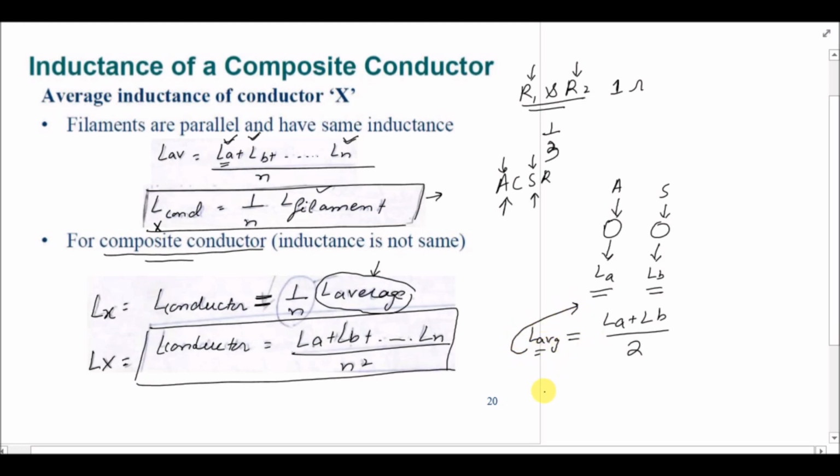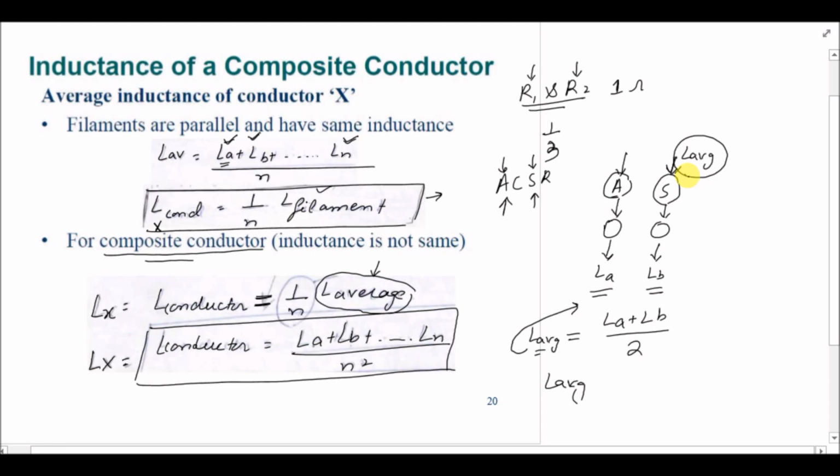We can say that the inductance of this A filament will be L average, and the inductance of this S filament will be L average. So we are not denoting them with their actual inductances, but assuming that all the filaments have the same inductance, equal to L average, right?